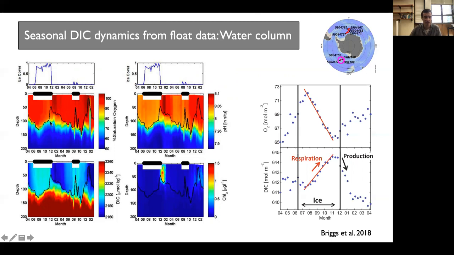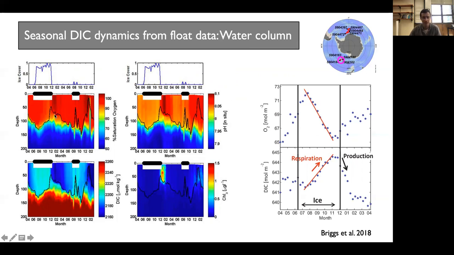It's a really nice look at what is happening under the sea ice, something that we've had very few observations from historically. These sections on the left are distilled into an oxygen flux on the right here in the top, and DIC flux on the bottom.